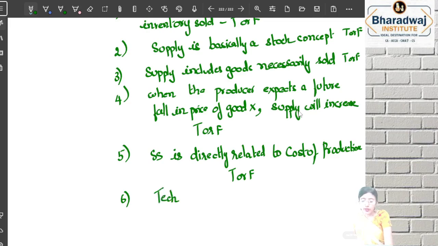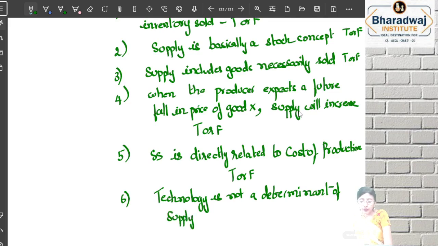Technology is not a determinant of supply.